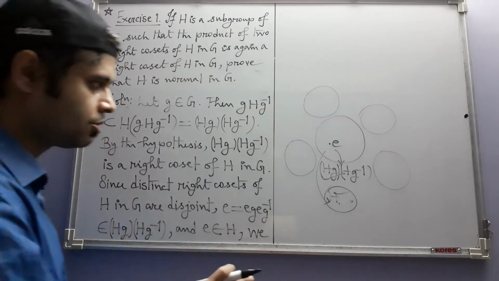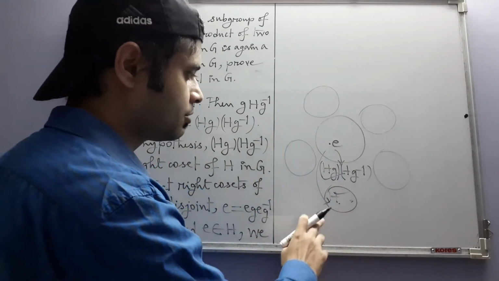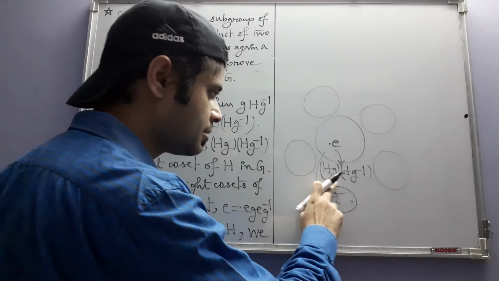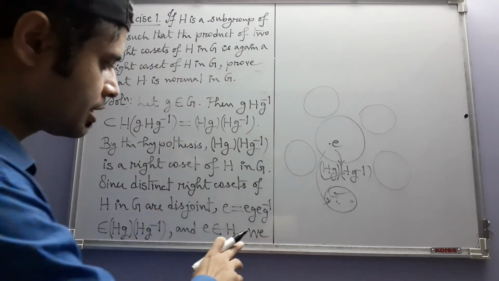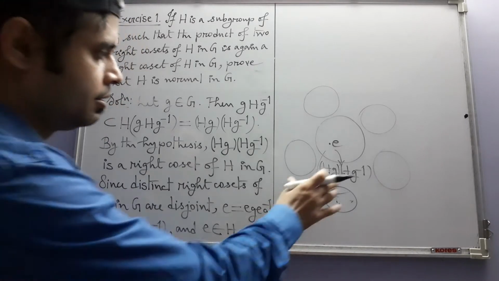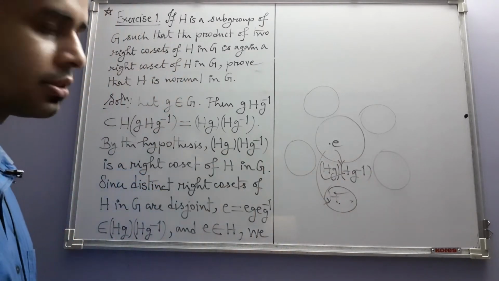So our disjointness of distinct right cosets and our hypothesis that this has to be a right coset force us to conclude that this must be equal to this.